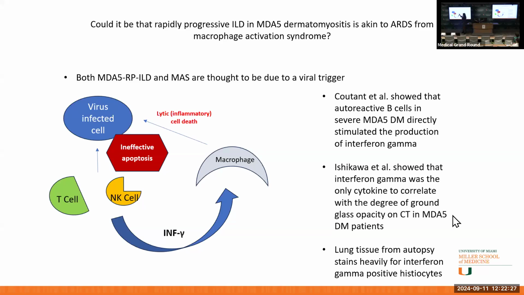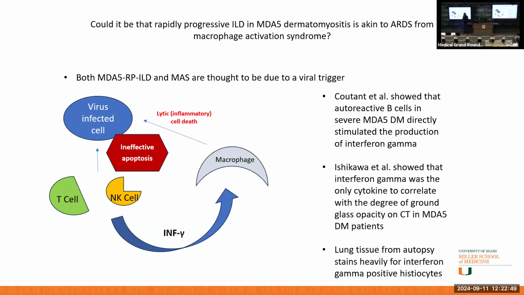So then what happens if they can't kill a cell, then a macrophage comes in and does something called lytic cell death. When it does that, it releases a whole bunch of pro-inflammatory cytokines, but then also these infected cells release all their contents, and you get this innate immune system cytokine storm situation, and that's mostly driven by this cytokine called interferon gamma here.